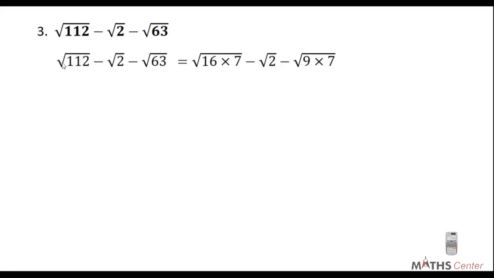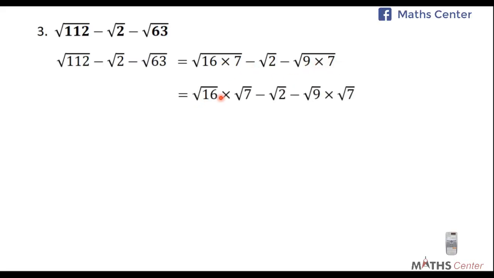So square root of 112 will give us square root of 16 times 7, then minus square root of 2, which is already there, then minus square root of 63 is now 9 times 7.